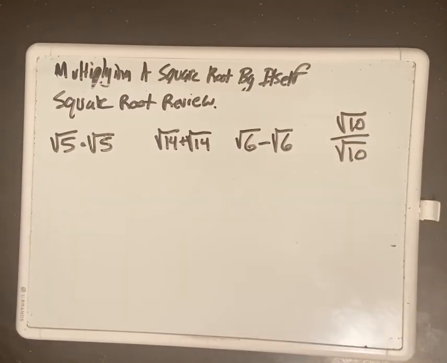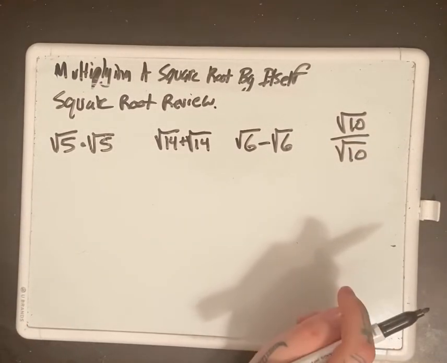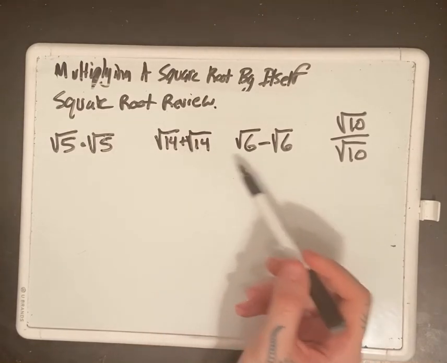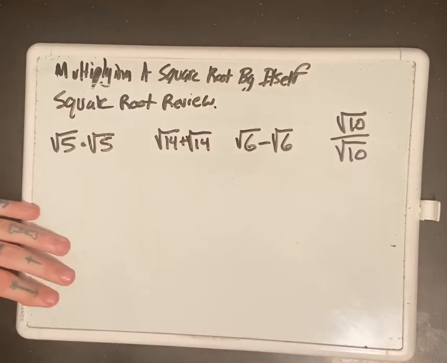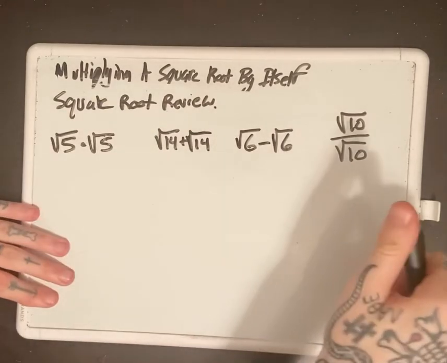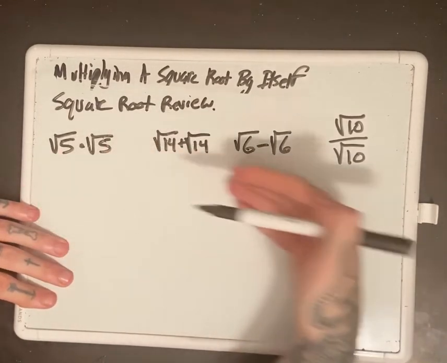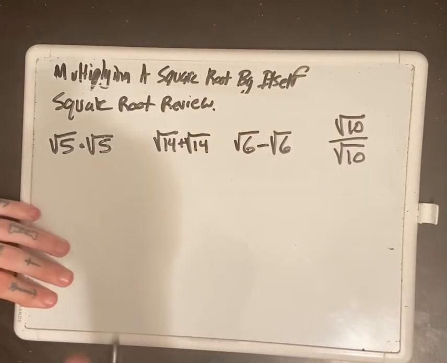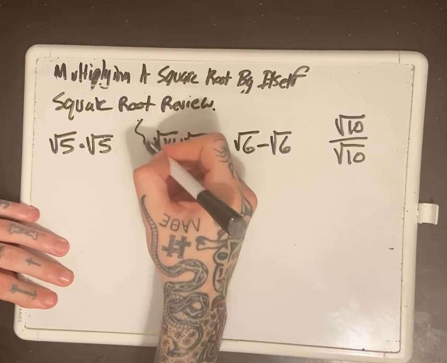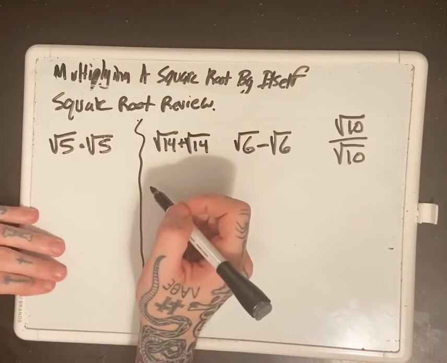So we've learned ways to deal with all of these. We have all of the major operations: multiplication, addition, subtraction, and division, all with radicals. So we want to make sure we know how to deal with them when we see like radicals in each different operation.